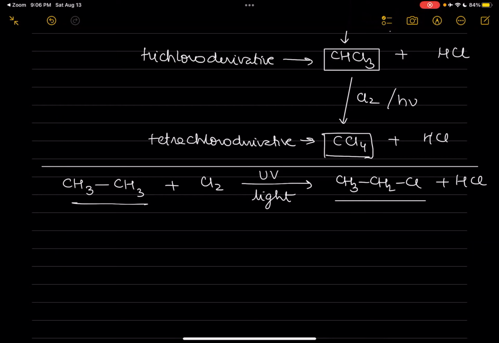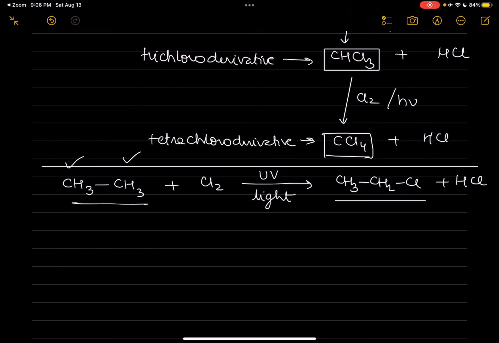That's what I'm asking. So what do you need to check? You need to check how many different types of carbon atoms are there. Here you have two carbon atoms, but both are the same.